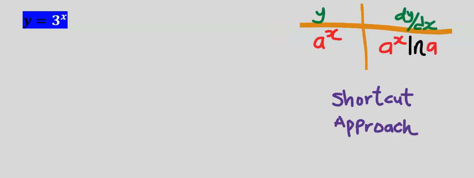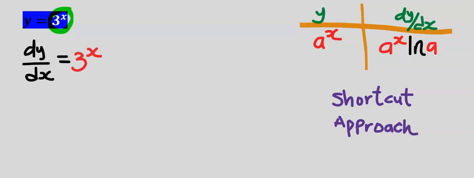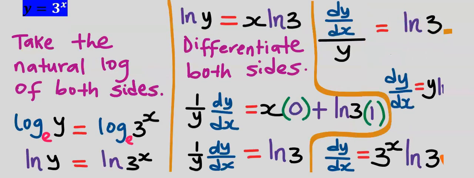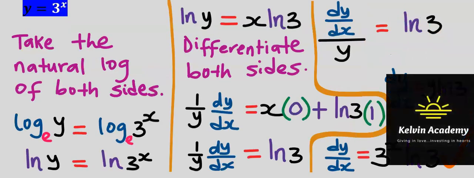With this in mind, then the dy dx is, I will bring this down. Next, I will now write the natural log of that integer, excluding the x. And this is our dy dx, which is same as we obtained earlier.